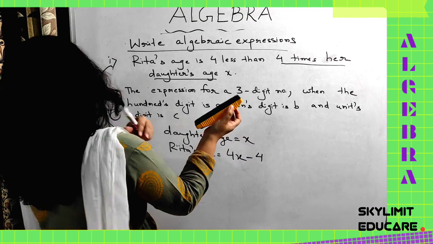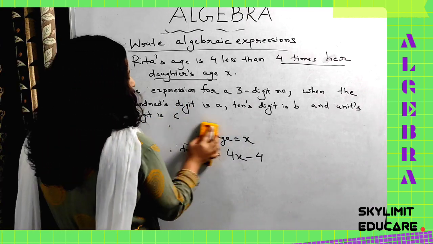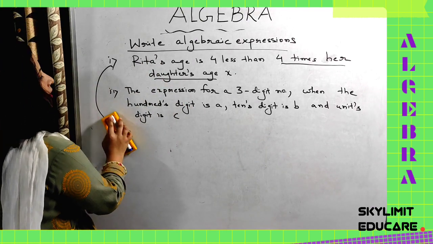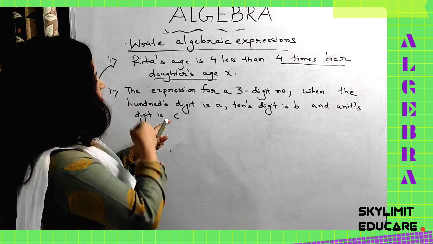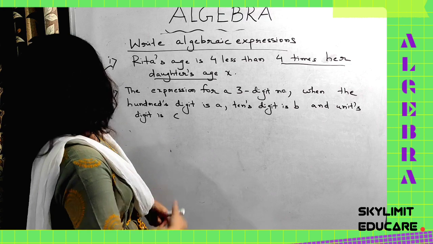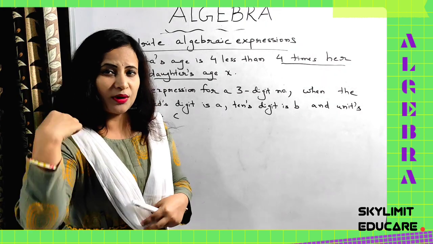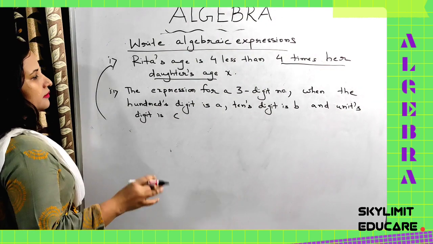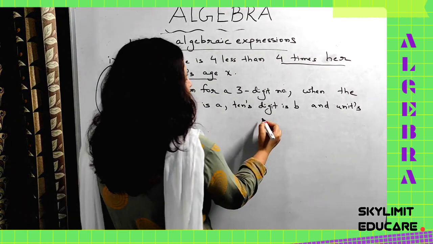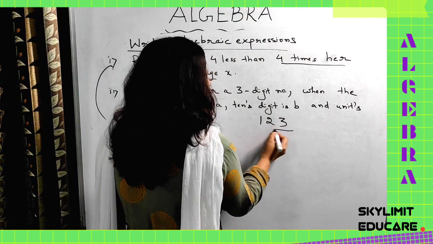Okay. Next question. Let's see. The expression for a 3-digit number when the hundreds digit is A, tens digit is B, and units digit is C. It's very important, students. Just consider a 3-digit number, suppose 123. Let us take it as an example.